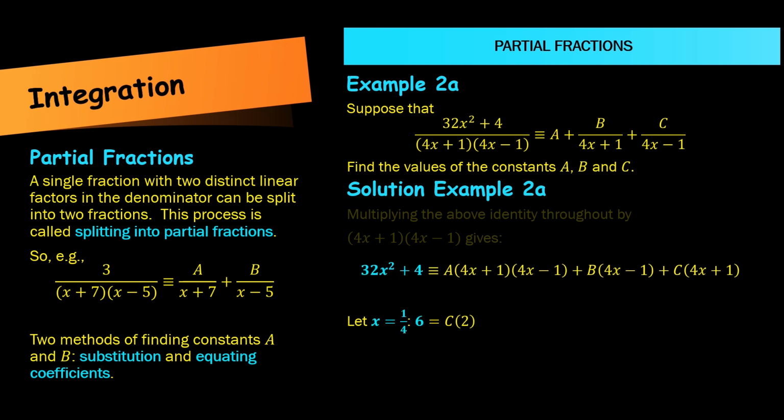So if we plug in x equals 1 over 4 into our identity, we obtain that 6 is equal to c times 2, which gives us that c equals 3.